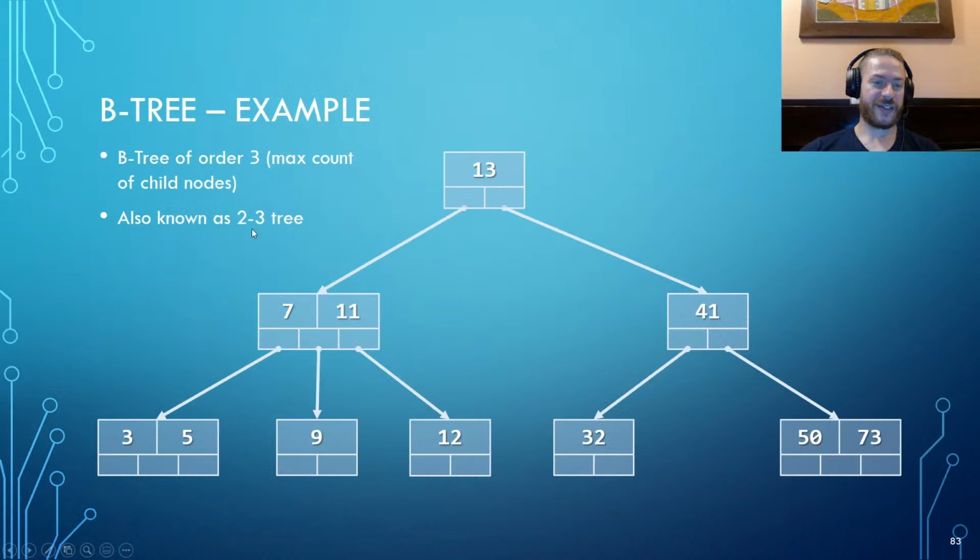This is known as a 2-3 tree, and it's one of the more advanced trees, if I have to be honest. But it's still easier than the red-black tree. I believe the red-black tree is the most difficult to understand of the most common ones.